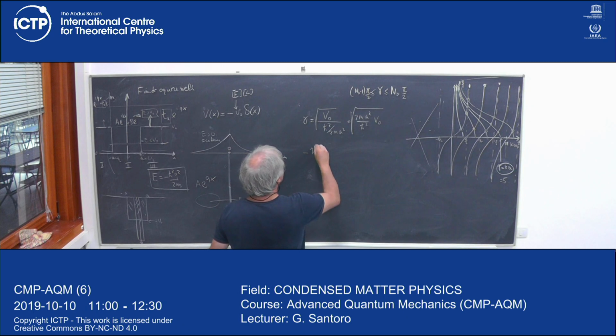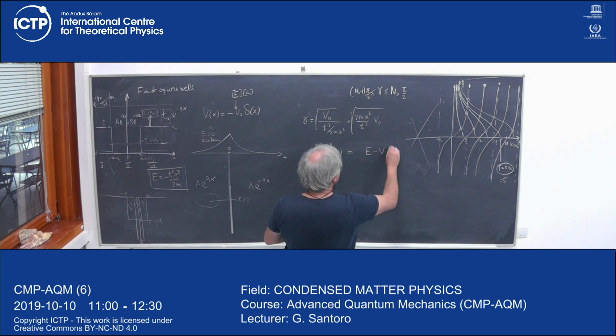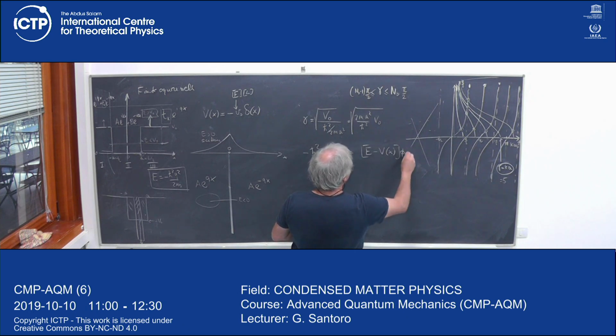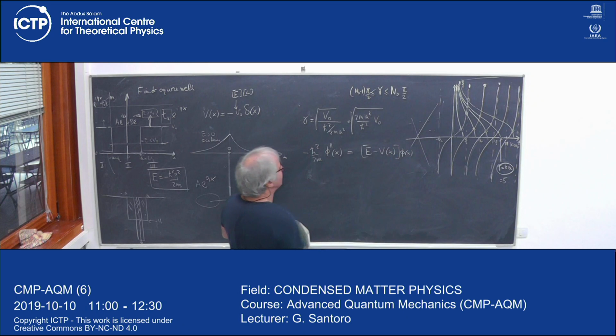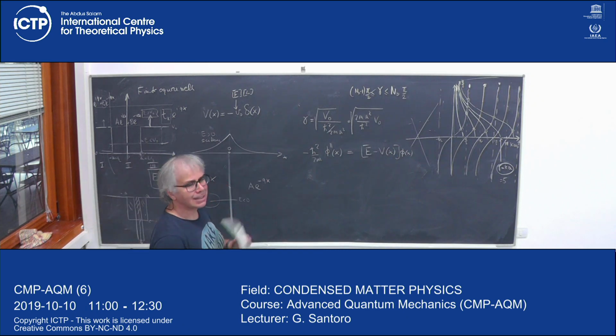I should have minus h bar square over 2m, the second derivative of the function, okay, equal to what? Equal to E minus the potential times the function. Remember, I can always bring the potential to the right.